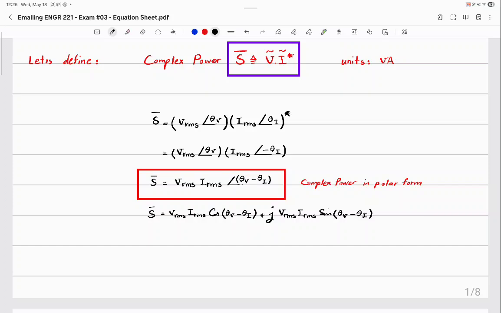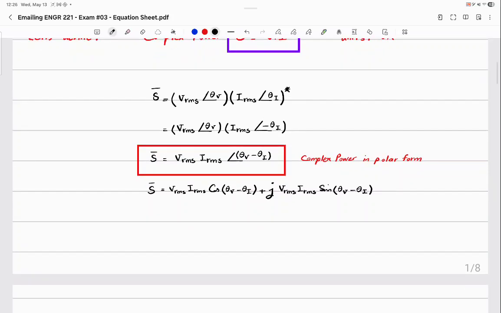And just to make sure that you're following how we got from the red box to the next equation, what is that very famous equation called? Euler's equation, okay? This is from Euler's equation. So this is complex power in rectangular form.